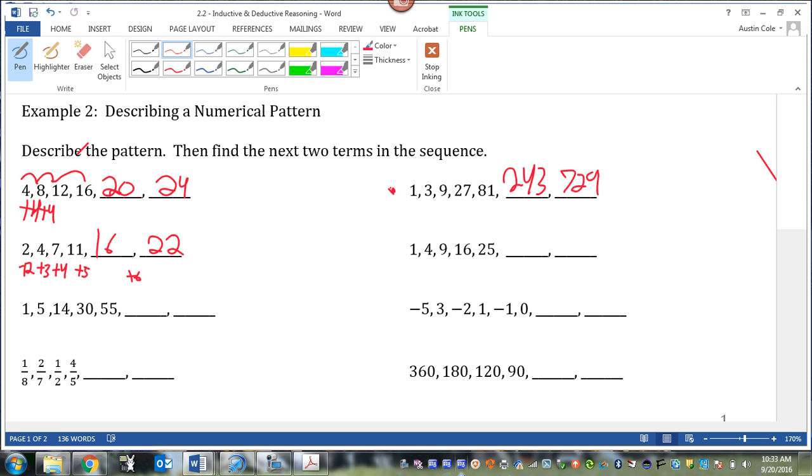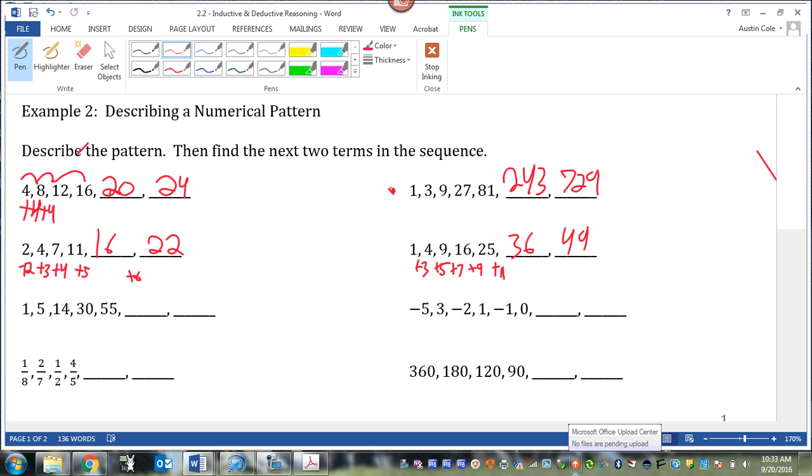Jake? So this one should be, well, it's 11, right? Get 36, 49. What's a different pattern for this one? There's multiple.